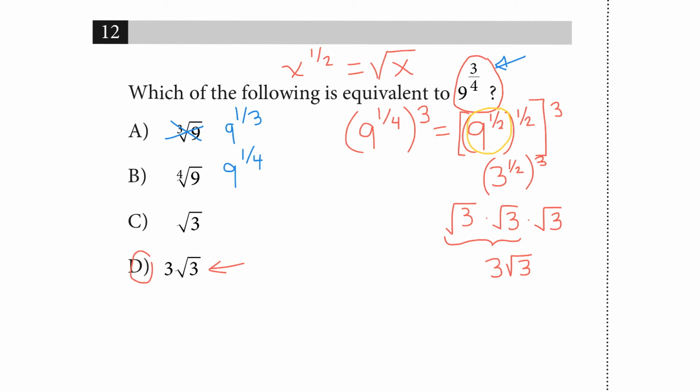Well, 3/4 is not 1/4, so there's no way that could be right. And the square root of 3 is 3 to the 1/2 power. And here we have 9 to the 3/4. There's no way that you can get 9 to the 3/4 unless you, how do you get 3 to the 1/2? So this is the only answer that even makes sense. If you were to look at the other answers and take a shortcut and not go through all these steps, you could probably get to answer D in a hurry.